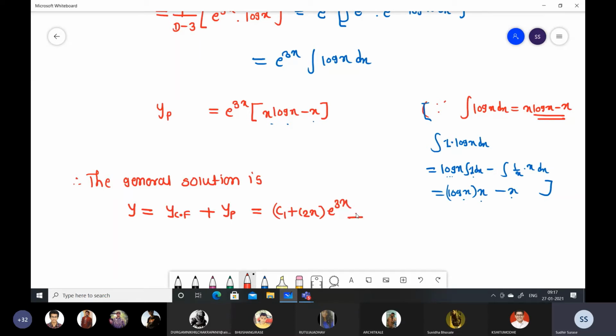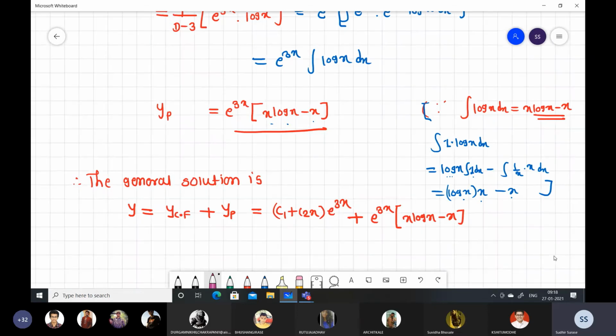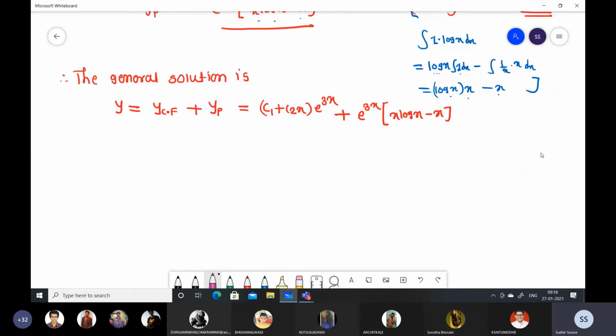And what is the yp? yp we have here, it is e to the power 3x in bracket (x log x minus x). So this is the general solution of the given differential equation by the general method. General method means what? We had used the general formula for finding the particular integral. That's why.